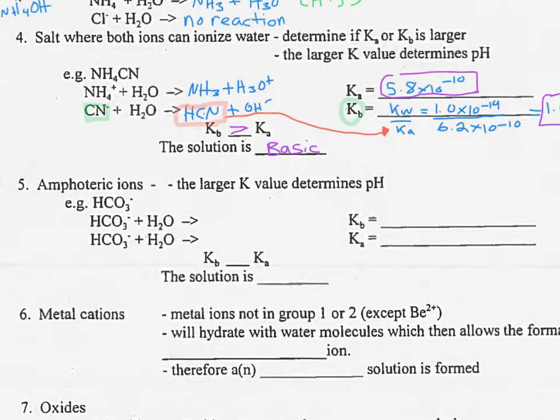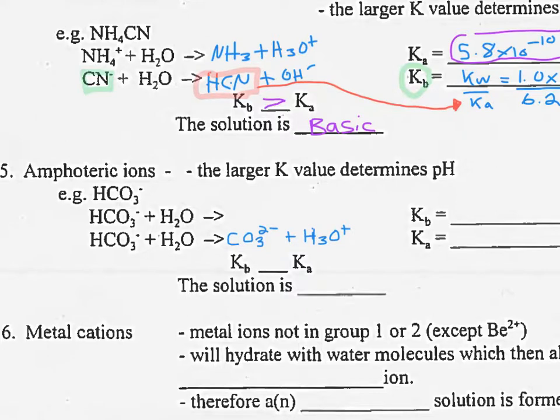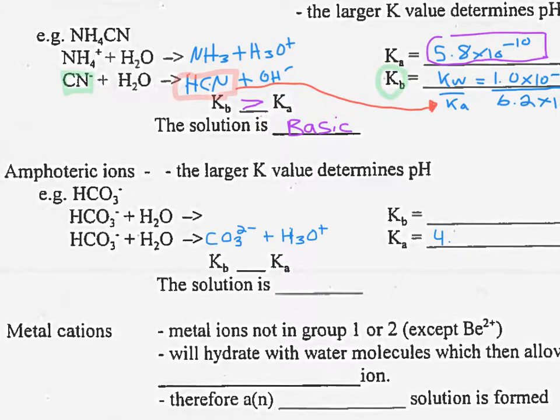So that means that we're looking at our bicarbonate ion and our water, and it is going to donate a proton, and we end up with CO3. So if it donates that proton, we get CO3²⁻ plus the hydronium ion. And if we look up our Ka value, we're squeezing it over here, 4.7 times 10 to the negative 11.